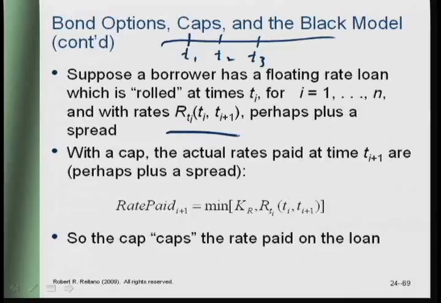And by buying a series of caplets, and a cap is nothing more than a packaged security which packages a series of caplets with the same KR value, this issuer gets the ability to pay as the rate on that commercial paper the smaller of the cap rate and the prevailing rate. Provides an option.